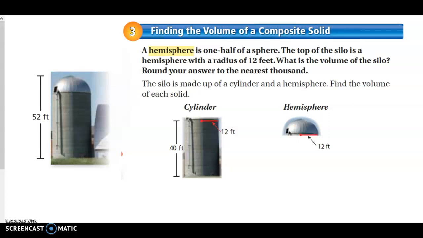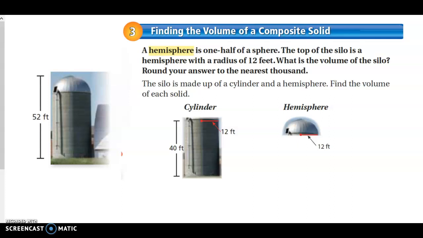Okay. So this shape is a hemisphere with a radius of 12 feet. We are looking for the total volume. As you see, this shape is combined with a cylinder and a hemisphere.